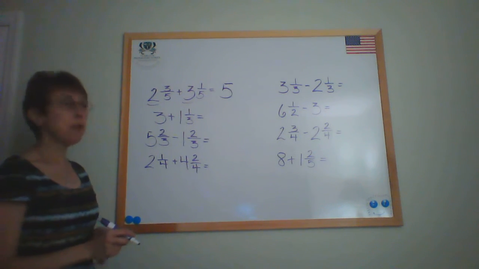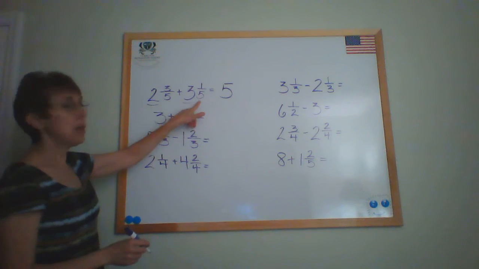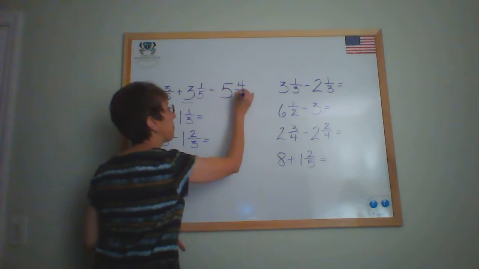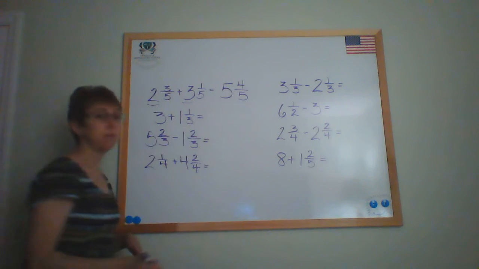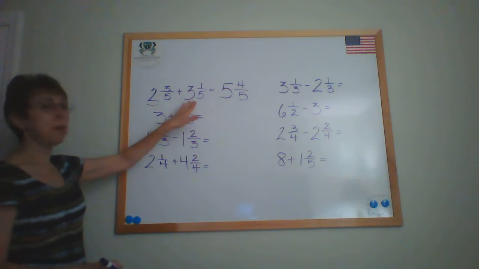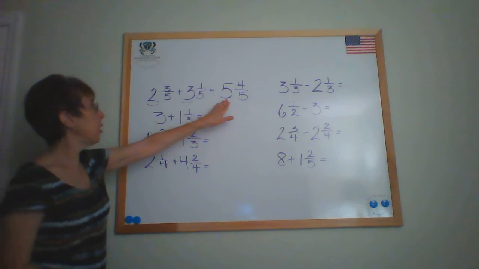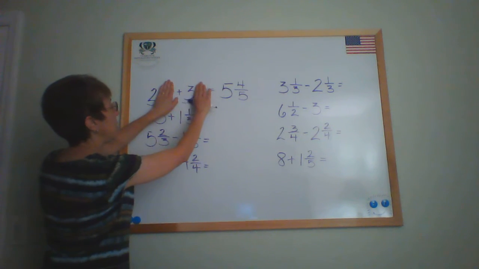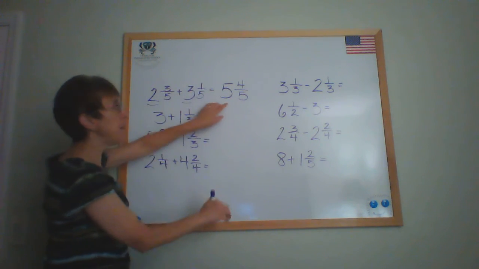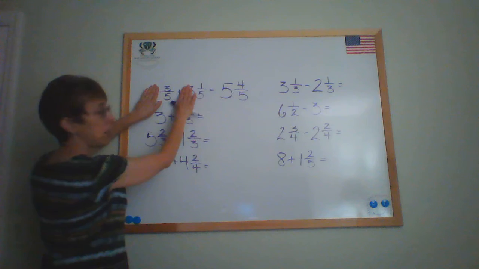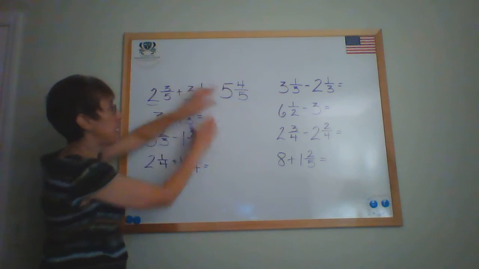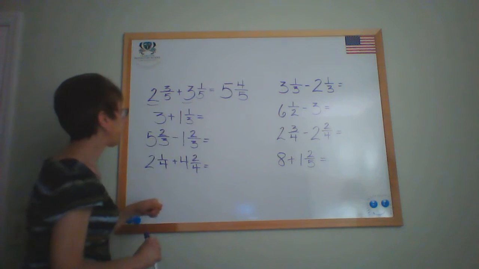And then we look at the fractions. 3/5 plus 1/5 equals 4/5. So 2 3/5 plus 3 1/5 equals 5 4/5. You added your whole numbers, 2 plus 3 equals 5, and then you just had your fractions with like denominators, 3/5 plus 1/5 equals 4/5.